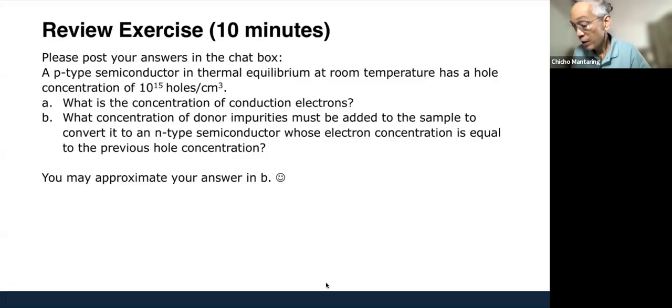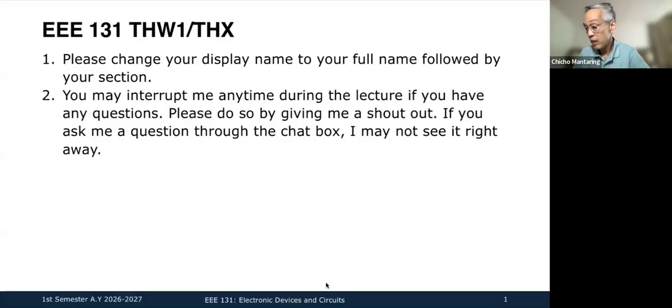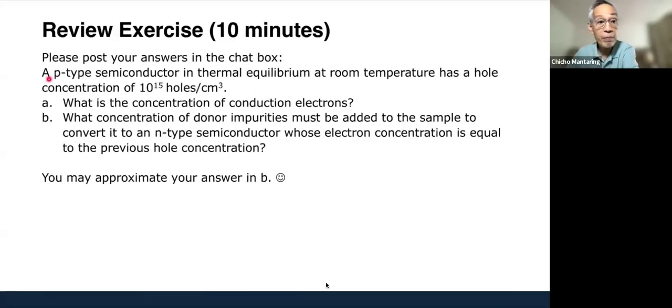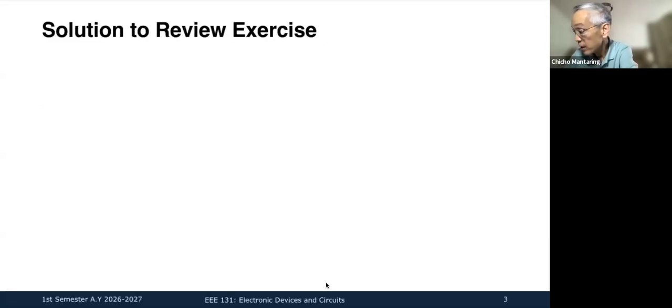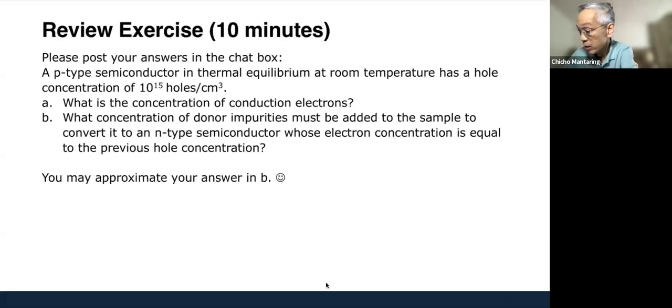Okay. So my starting point is, I have a p-type semiconductor in thermal equilibrium at room temperature. So room temperature, that means this is 300 degrees Kelvin.